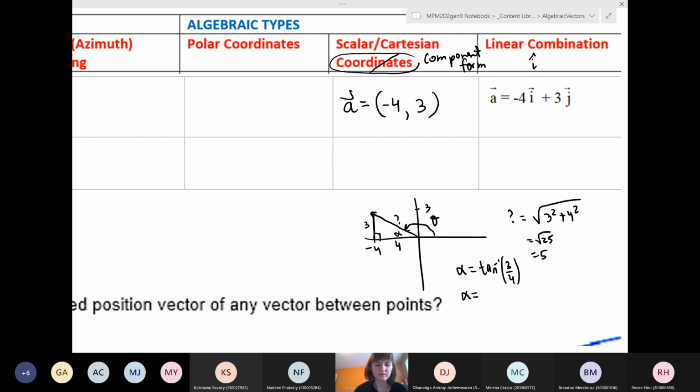Your 3 sort of looks like a 2. 3/4, there we go. What is the answer for alpha? 37. 37.